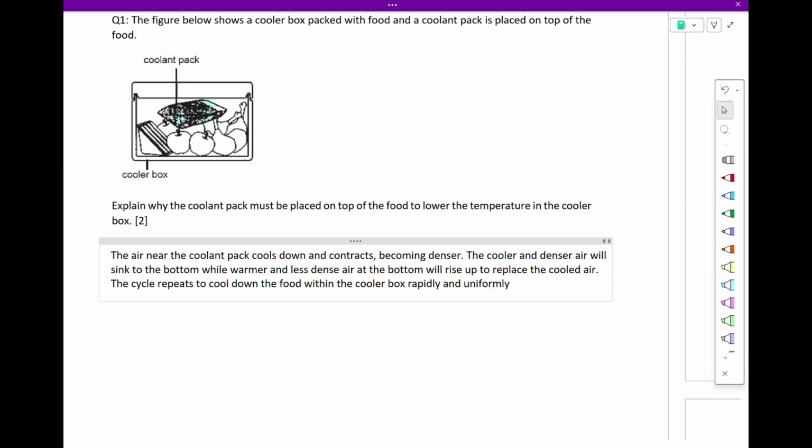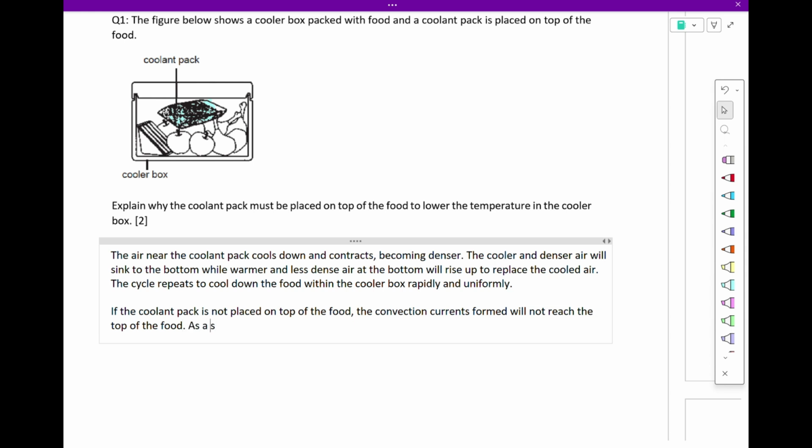So now don't forget what the question is asking you. Why must it be placed at the top? If the coolant pack is not placed on top of the food, the convection currents formed will not reach the top of the food.